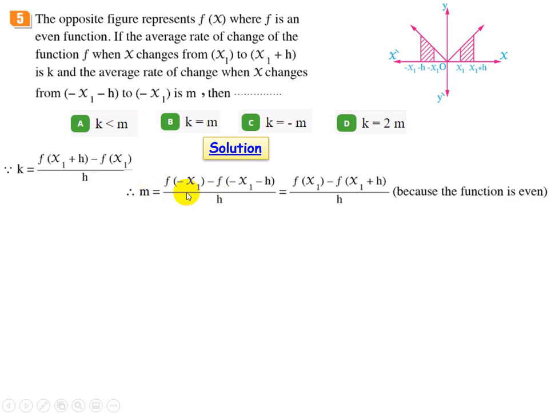Taking negative as common factor, so f of x1 minus f of x1 plus h over h. Why? Because this function is even function as he said. So this, f of x1 minus f of x1 plus h over h, is negative k. So m equal negative k, or k equal negative m.